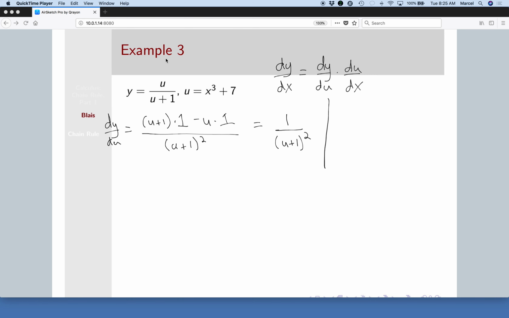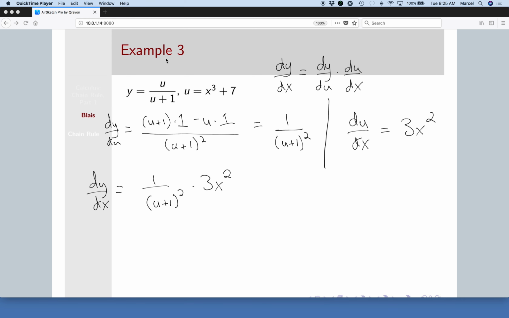We also see du dx is simply 3x squared. And we then apply chain rule using these two results. So dy dx is thus 1 over u plus 1 squared, there's our dy du, times 3x squared.